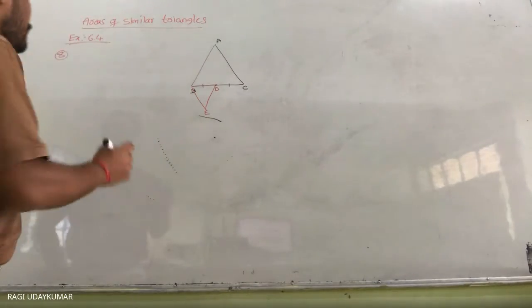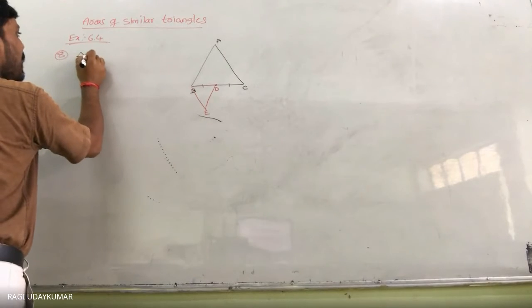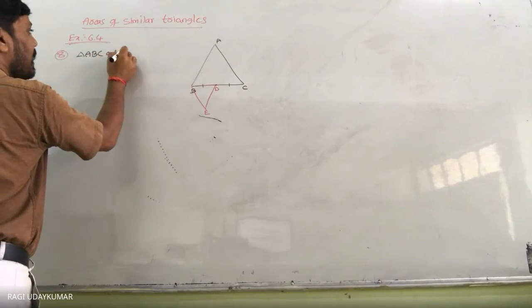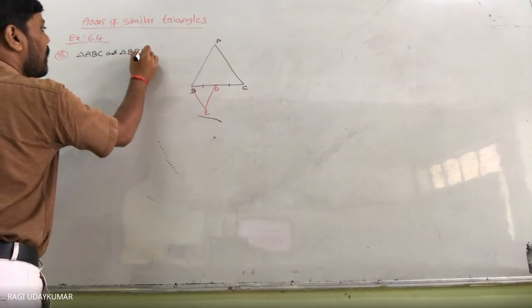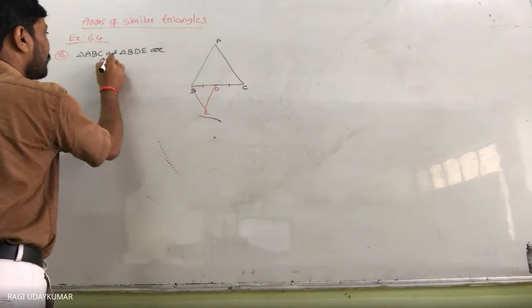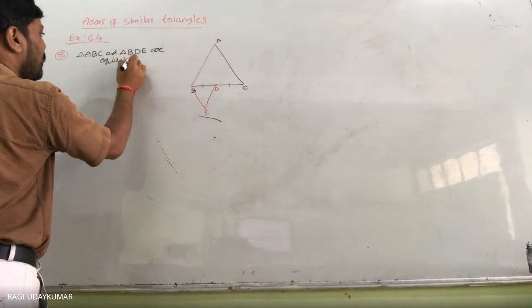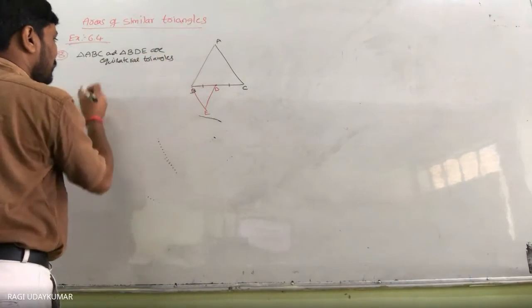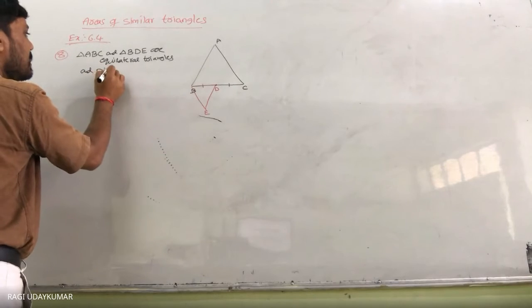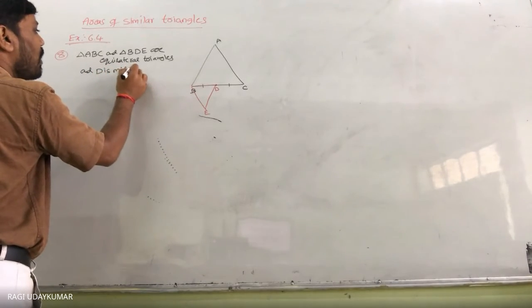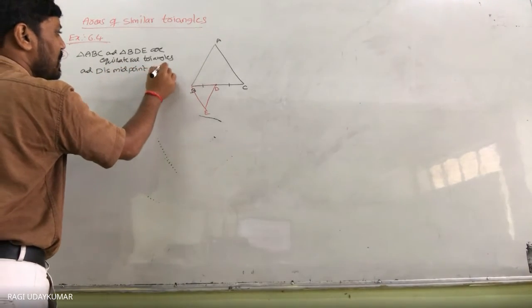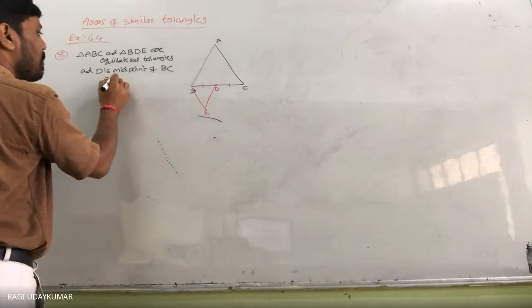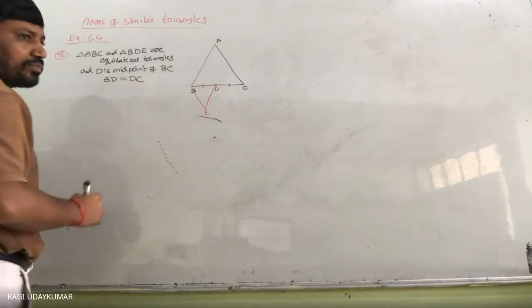Okay. So now what do you get here? Triangle ABC and triangle BDE are both equilateral triangles. And D is the midpoint of BC, that is nothing but BD equals DC.